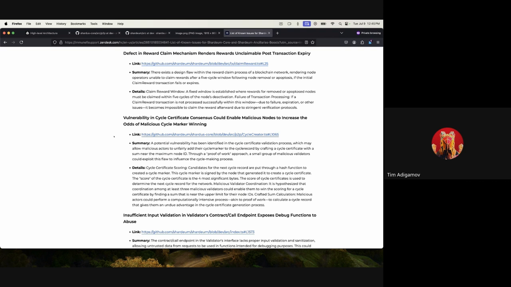Some nodes are added, some nodes are removed, and the cycle chain is finalized for each minute. So any finalized cycle chain will be valid for the next minute, for the next cycle.